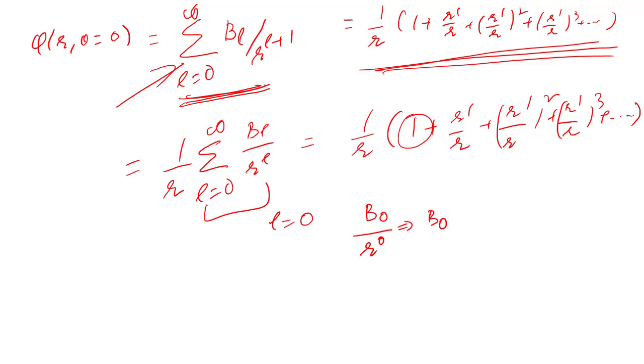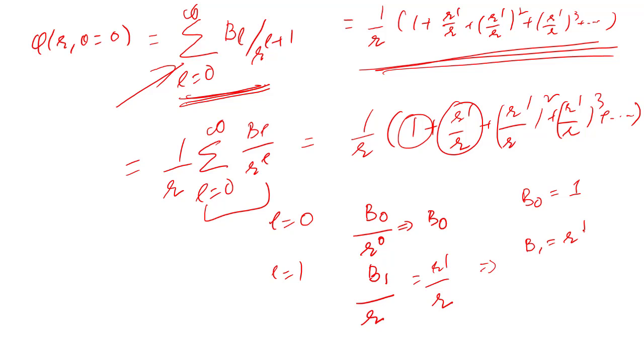That should be equal to 1. For L equal to 1, you would have B1 by r, and here you have r prime by r, which implies B1 is equal to r prime.